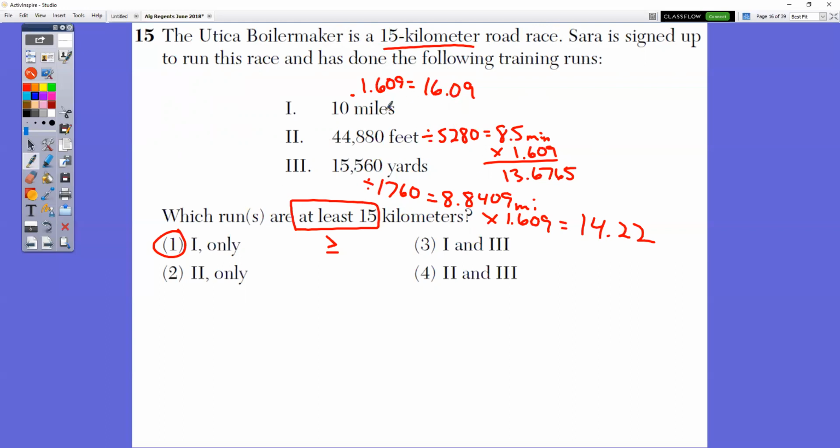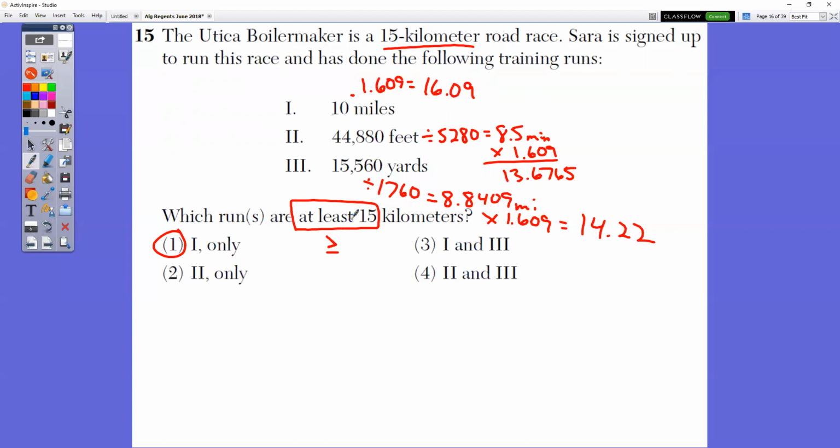So we want to convert all 3 of these measurements individually into kilometers. To make miles into kilometers, we would have to multiply by 1.609. So 10 times 1.609 gives you 16.09. Is that one at least 15? Yes, it is, because it's greater than or equal to.